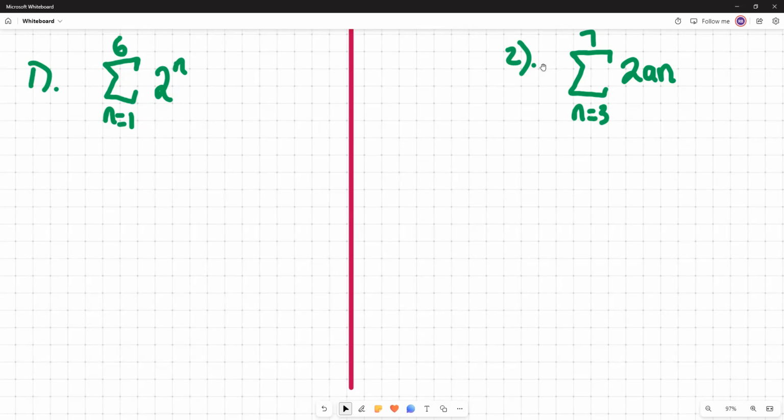Okay. So basically, let me analyze what the first question means before we can solve it. Sigma means the sum of terms of this pattern, beginning from when n is 1, and ending at n equals 6.